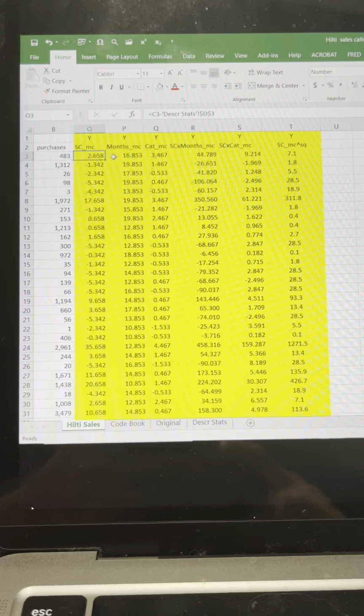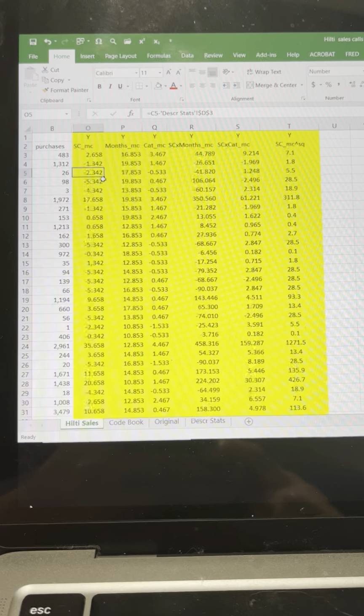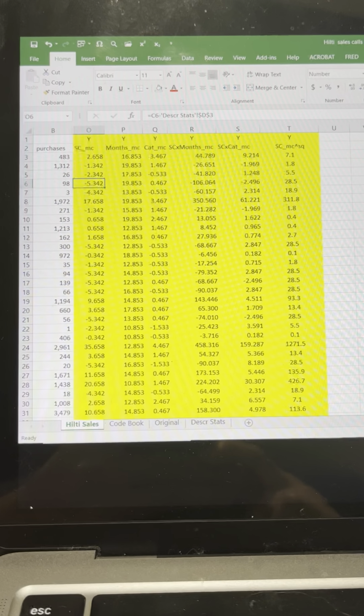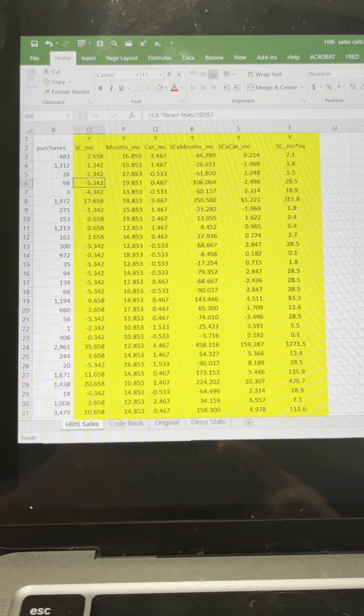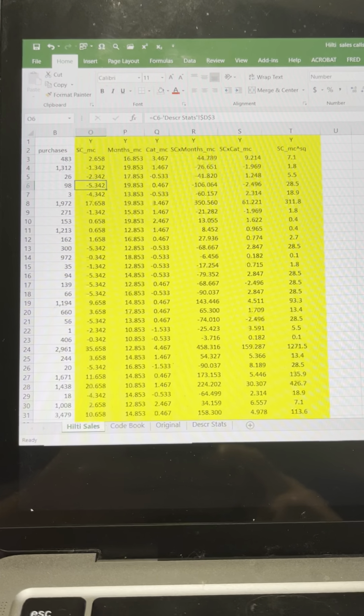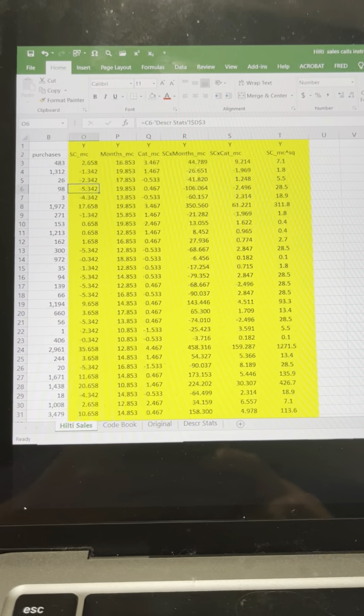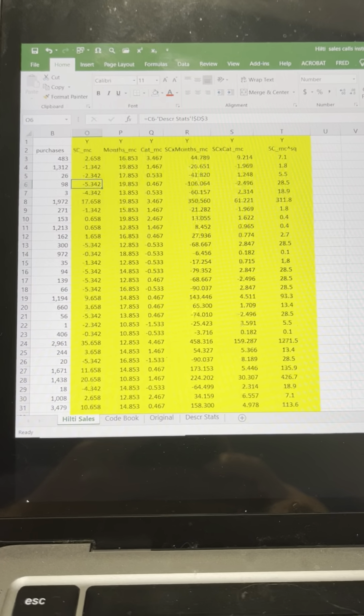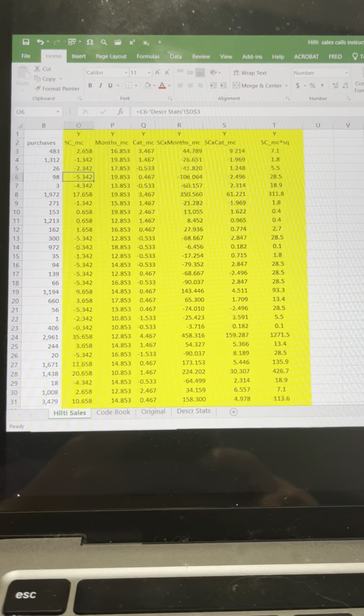The ones right below it have negative numbers. They called on the customers less than the mean, below the mean. It's centered. If this is 0, then that means you're calling on the customer exactly the average.